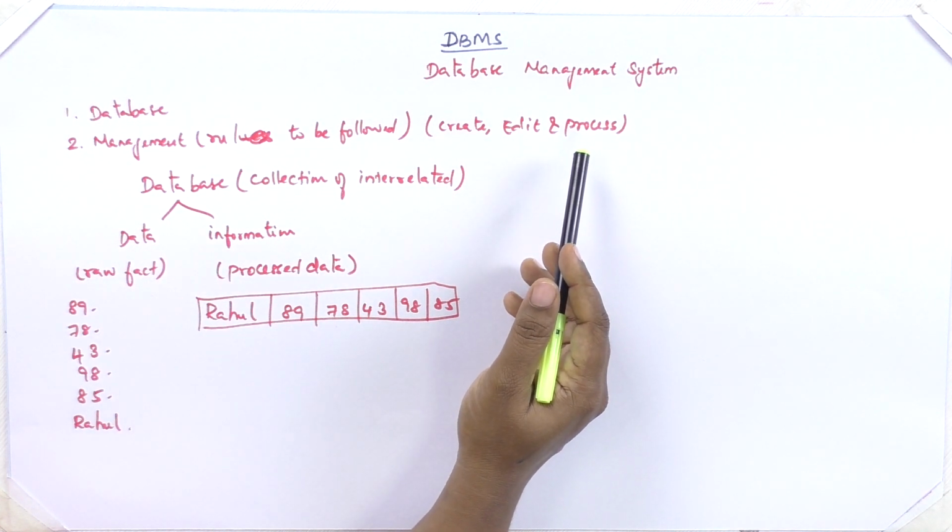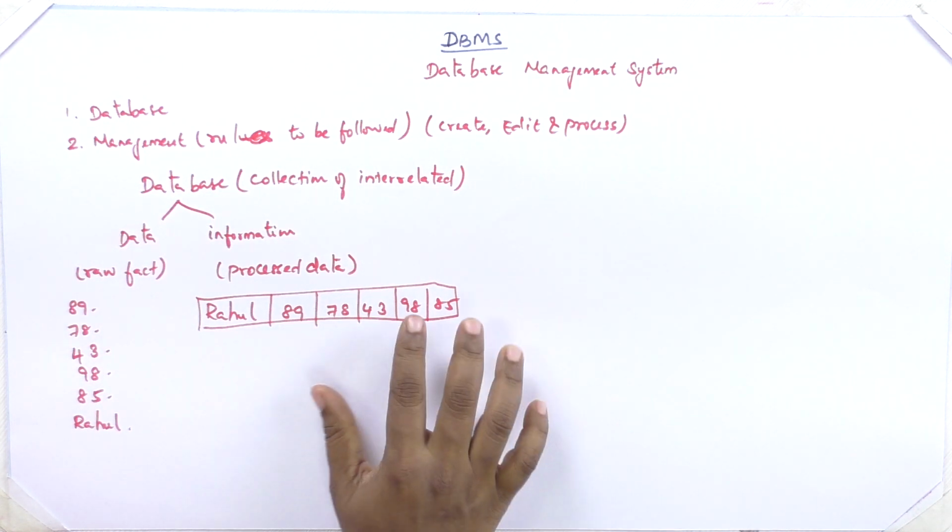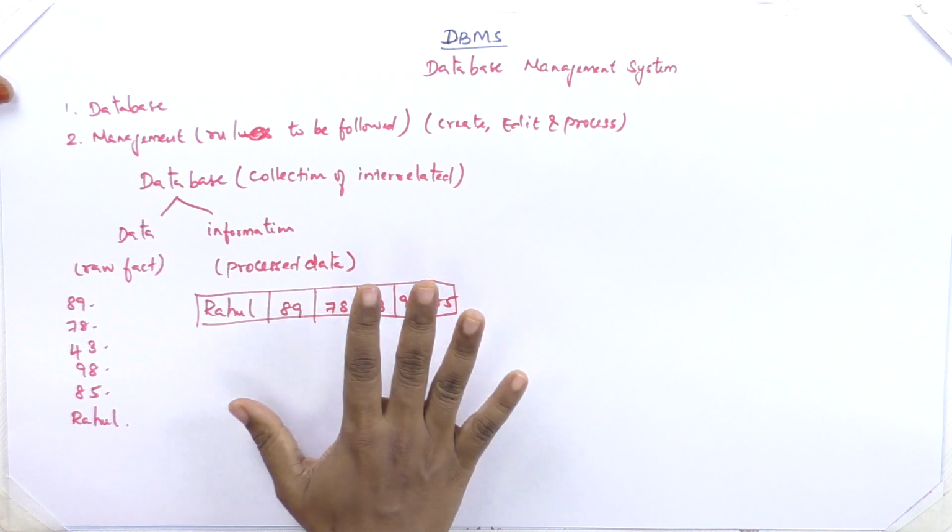So when we define DBMS, it is a collection of data and a set of programs that access the database.